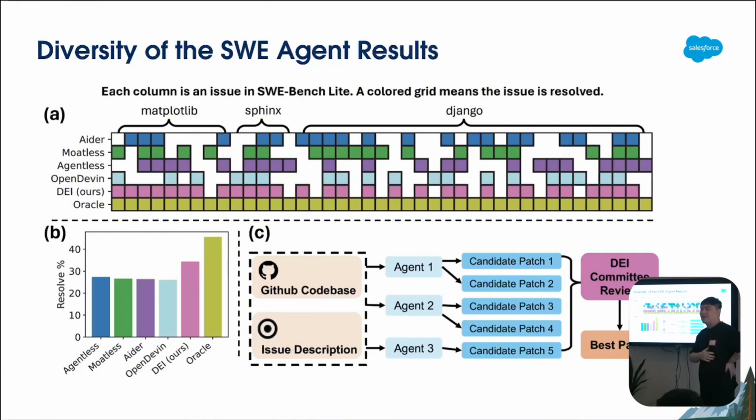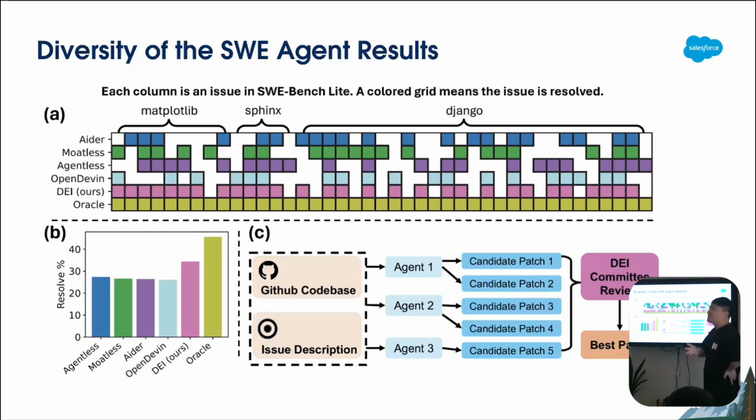That is one thing we discovered from the results. Even though they have almost the same phases, because of different implementations and different prompts, they actually succeed at different GitHub issues. And the second thing we found is they're super unstable. Maybe you run it once, this issue will be solved. You run it a second time, it won't. We call it very diverse, but basically it's the same thing.